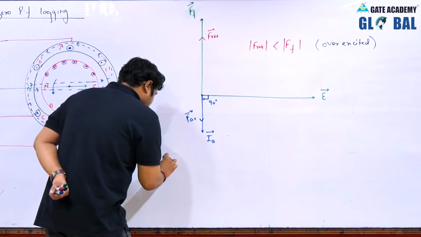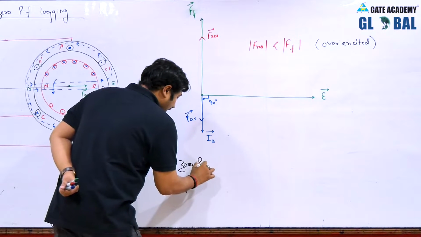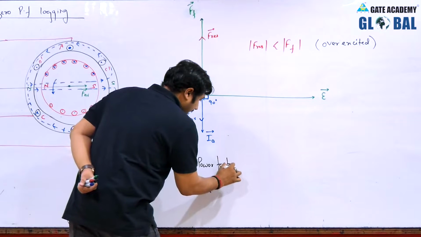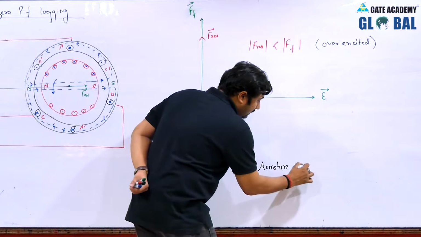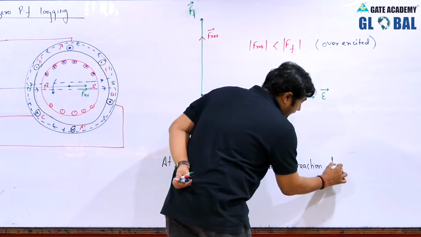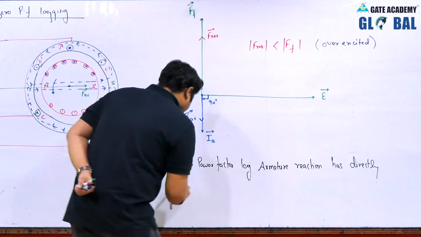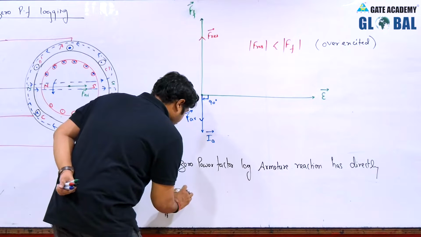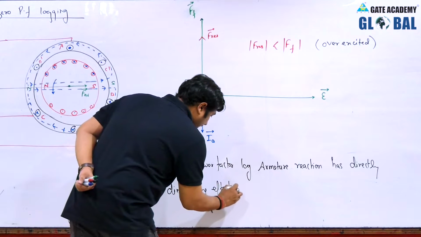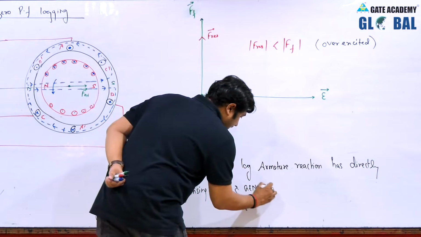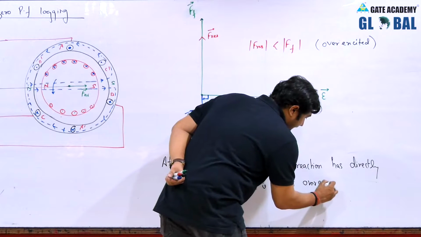So you can say, sir, at zero power factor lag, armature reaction has a directly demagnetizing effect and the generator is said to be over excited.